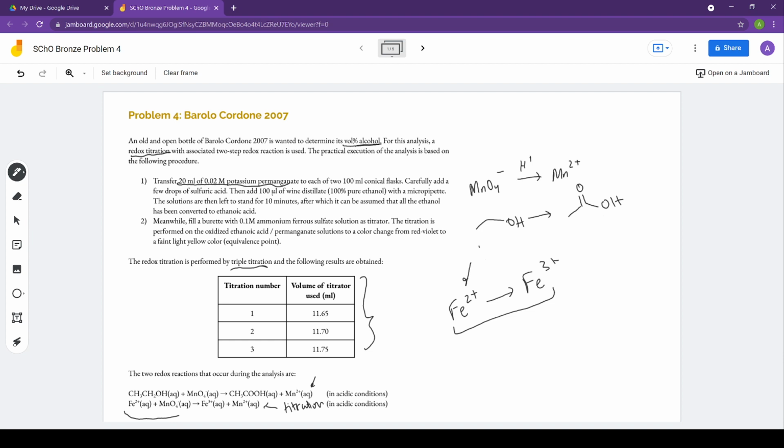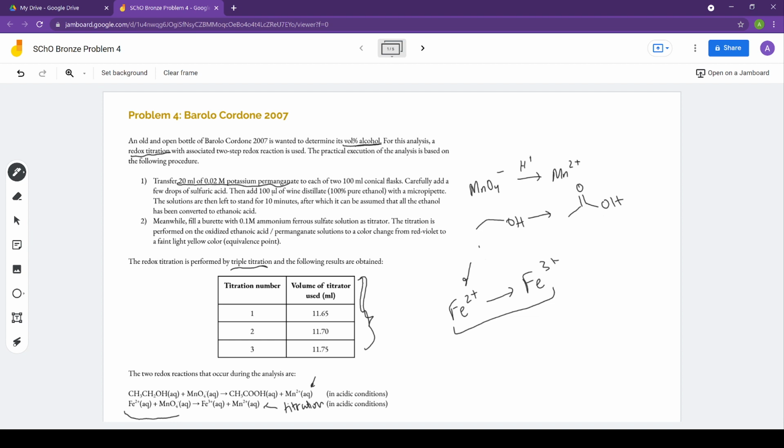Okay. The titration, so we can see these volumes, and we usually perform a triple titration because it gives us enough leeway to make sure that our results are correct, right? If we just perform one, we might not know exactly if that's correct. If we perform two, that's too little to know that both of them are in the same ballpark and correct.